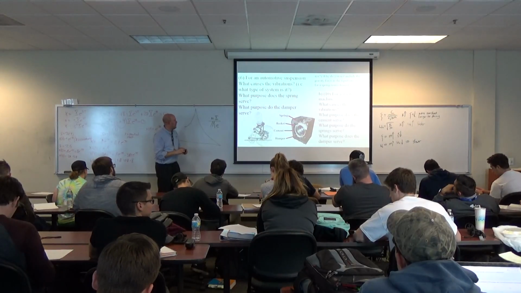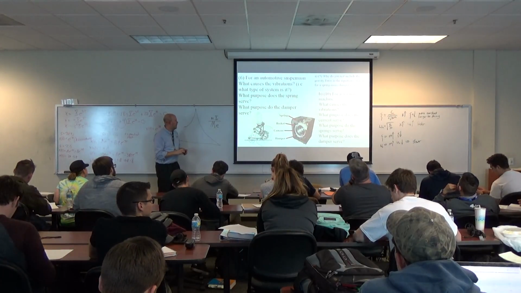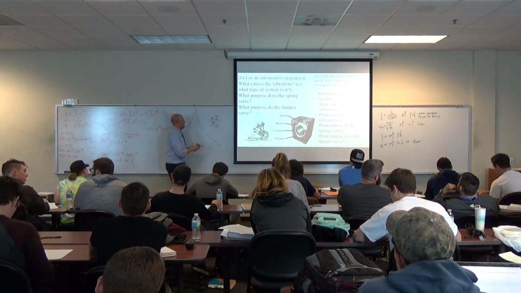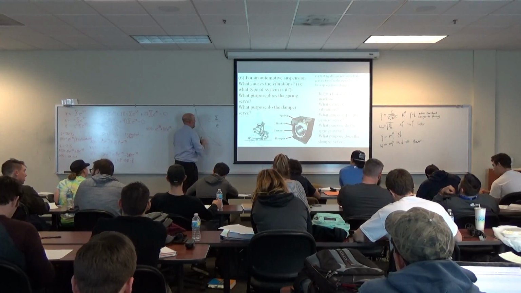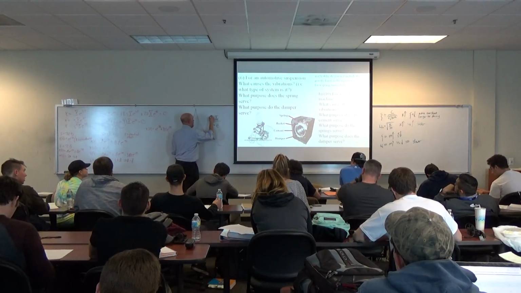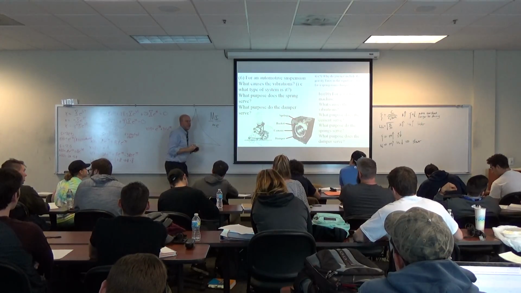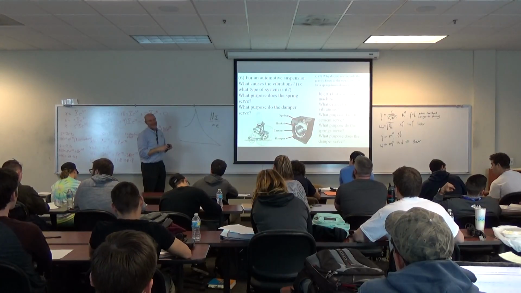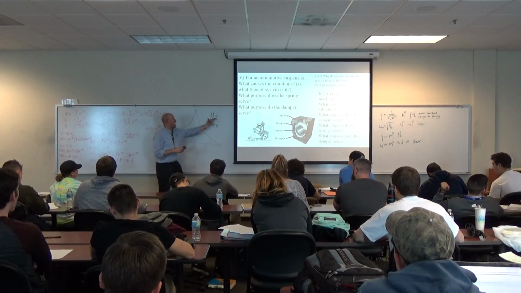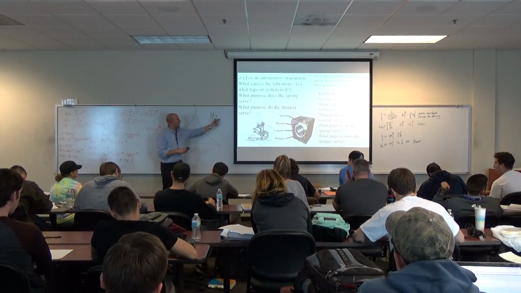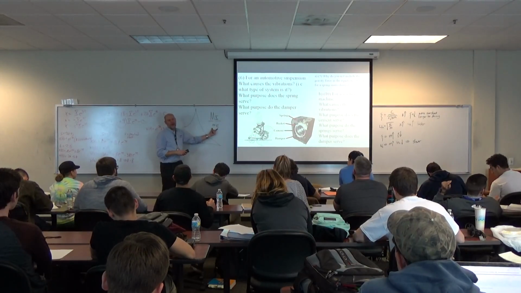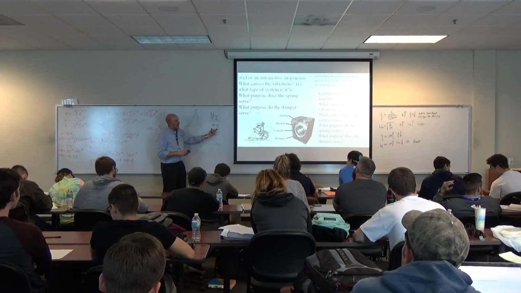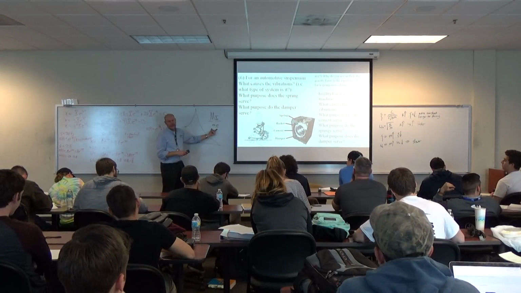Is it big M over small m, or little m over big M? That's why it's an open book test. Basically, as big M goes up, X goes down for the same amount of imbalance. What's the purpose of the springs?